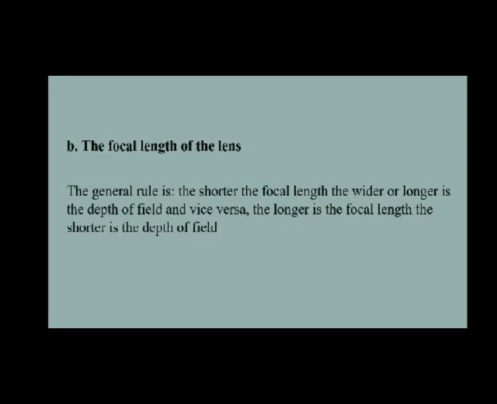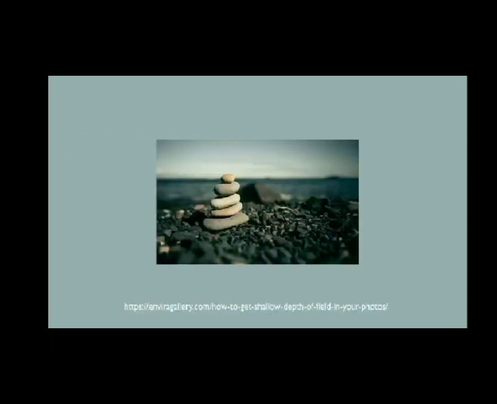Then, next is the picture. This picture indicates a photograph with a short depth of field. As you can see, this uses a longer lens with a large, wide opening, because the picture indicates a short depth of field. As you can see, only one rock is in focus on the camera.